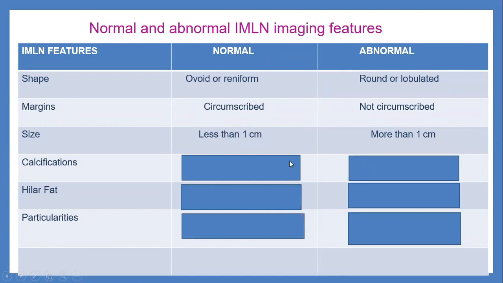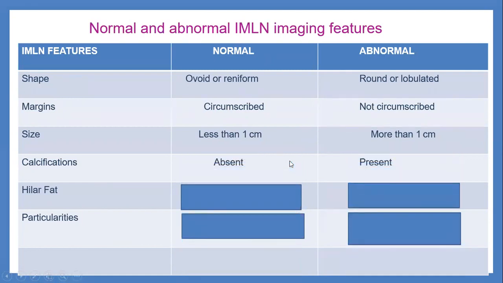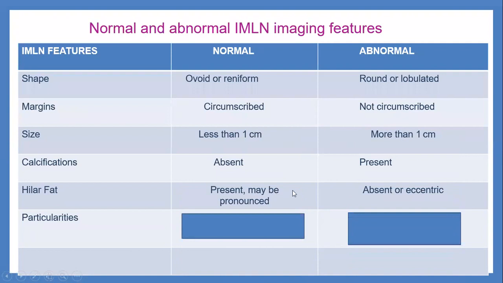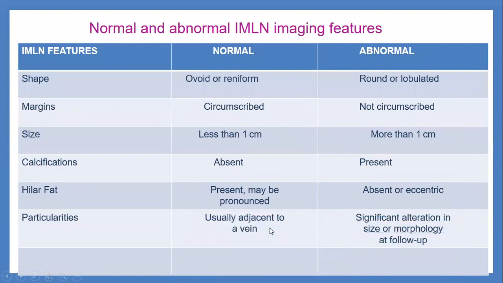No calcifications, absent. Fatty hilum should be preserved, present, or may be pronounced in normal. If it is eccentric, absent or attenuated, it will be abnormal. Usually adjacent to a vein or vessels, and significant alteration in size or morphology on follow-up is the abnormal one. Okay.